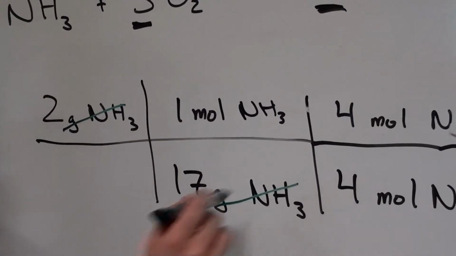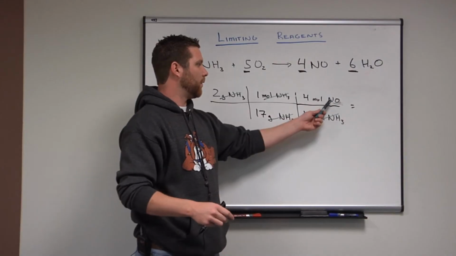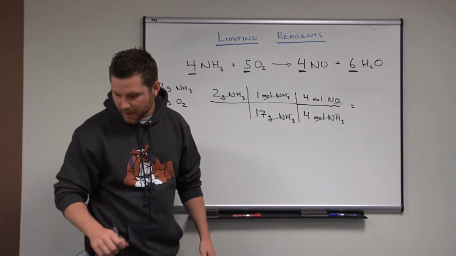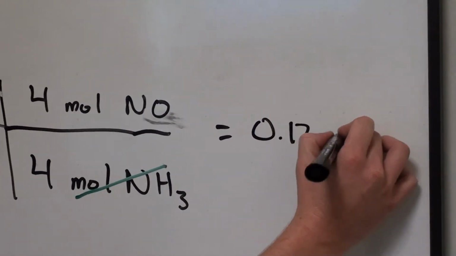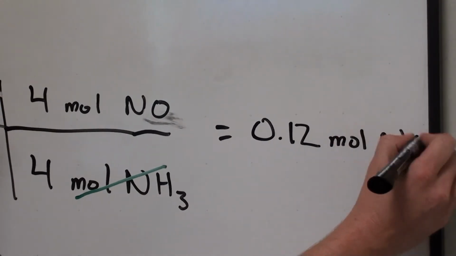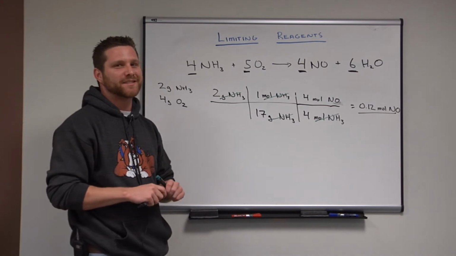Grams of NH3, moles of NH3, and the units that I'm left with are moles of NO. So once we do all the math, we realize that we should get 0.12 moles of NO. That's step 1. Now step 2.